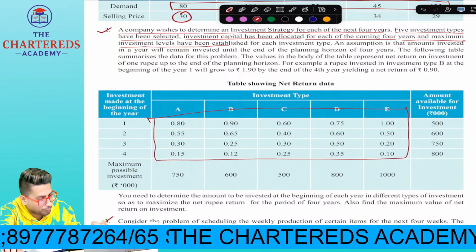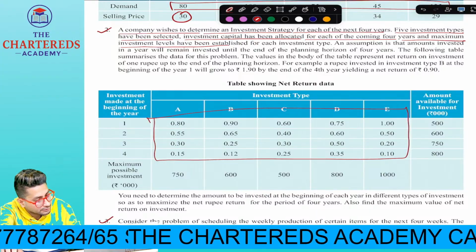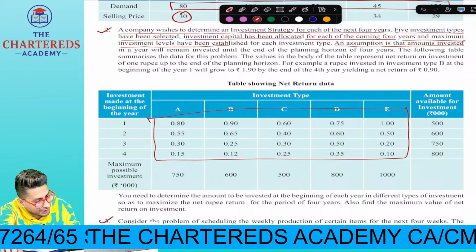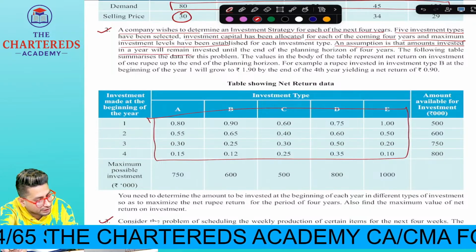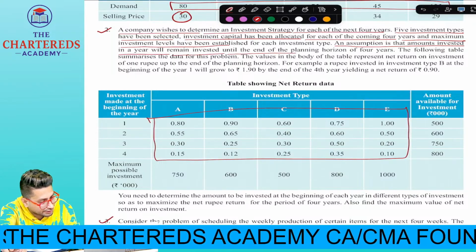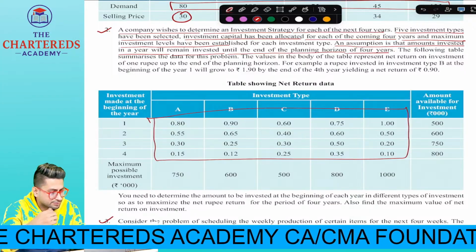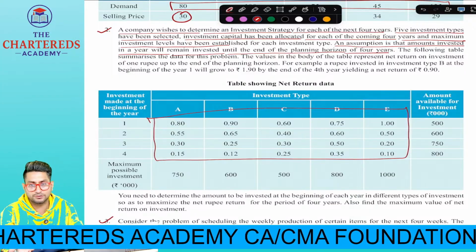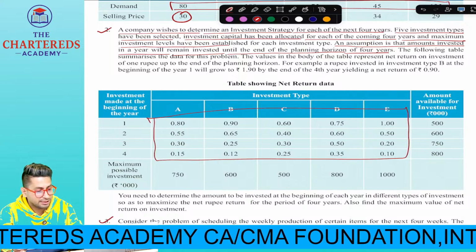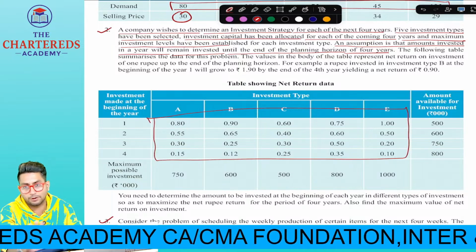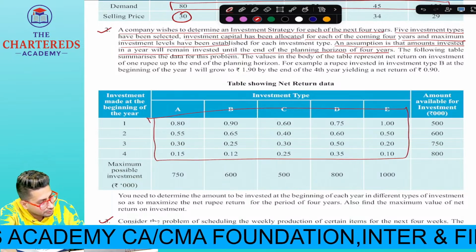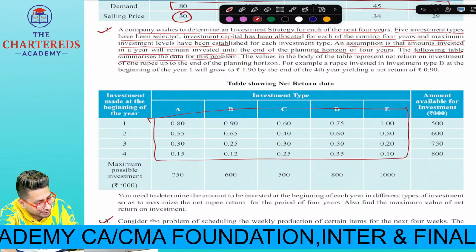These numbers we have to identify. An assumption is that the amount invested in a year will remain invested until the end of the planning horizon of 4 years. All this data is not required for us. We need demand, we need supply, and check whether that is cost or profit. The following table summarizes the data of this problem.